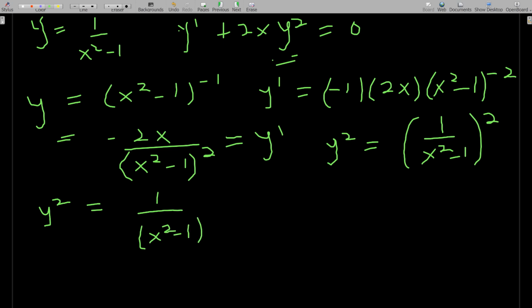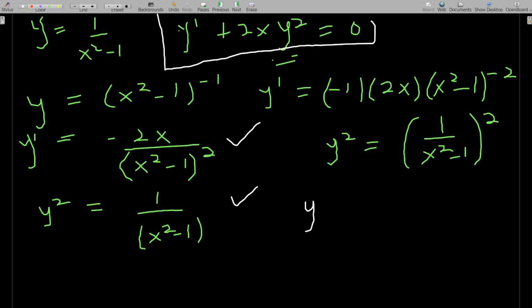So what you have to do is put your y prime and y squared back in the differential equation. The differential equation is y prime plus 2x y squared.